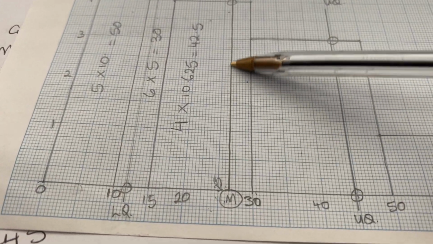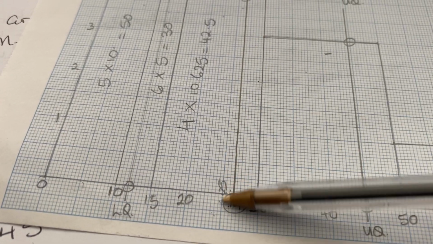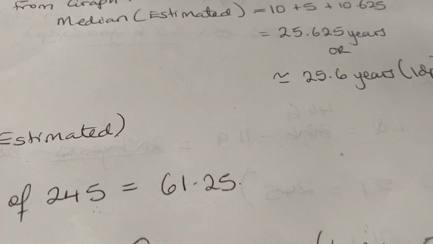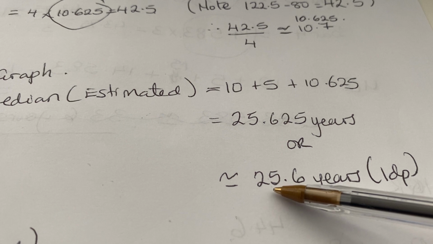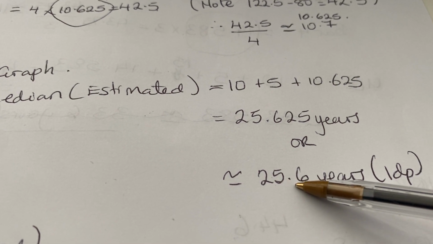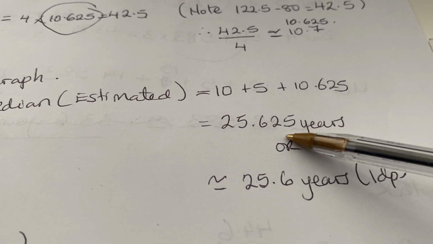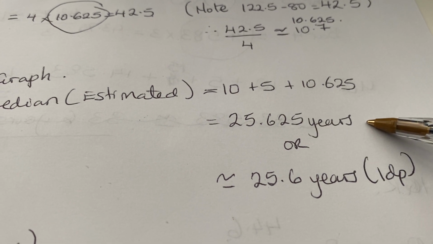So that will be your median point, your estimated median, which from the graph, when you add them up, will give you 25.625 years.